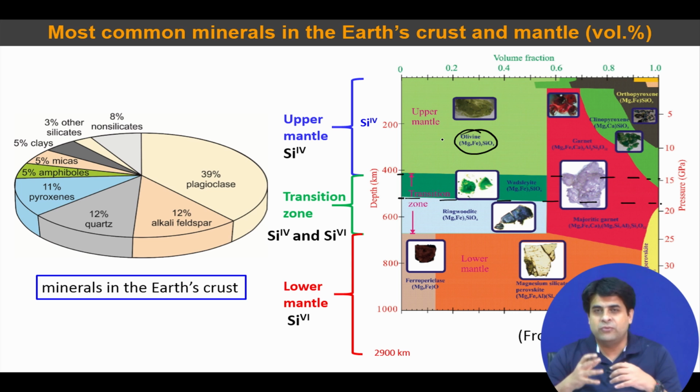It means different forms or different structures: poly means different and morphism means structure or forms. So your olivine structure will change to another structure which is called wadsleyite, and its structure changes.